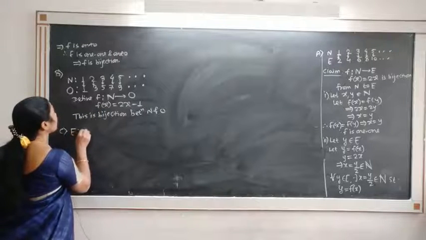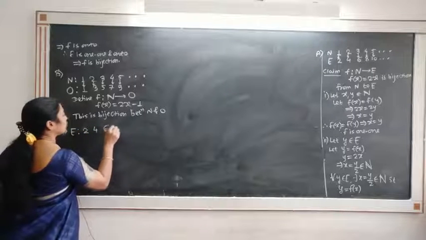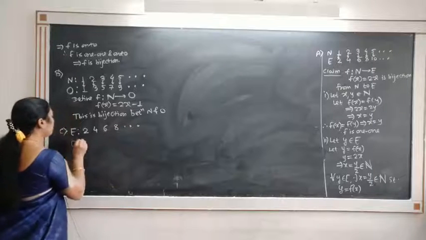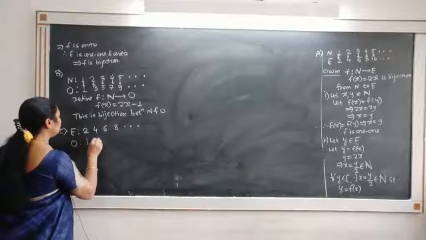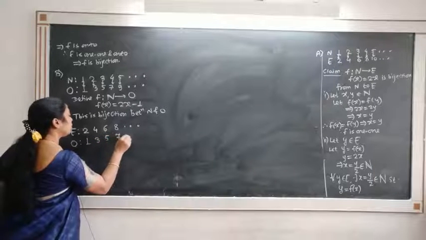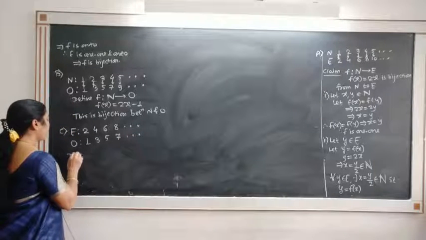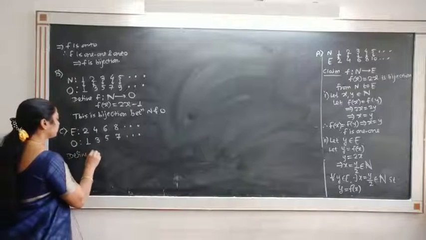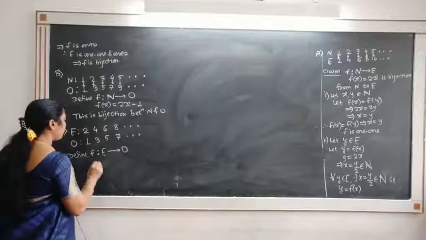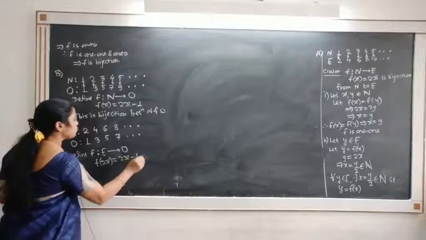Consider now between E and O. E consists of the elements 2, 4, 6, 8 and so on. O consists of the elements 1, 3, 5, 7 and so on. So we define a map f from E to O given by f(2x) is equal to 2x minus 1.